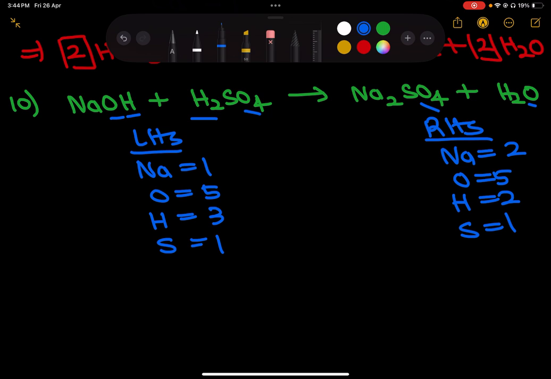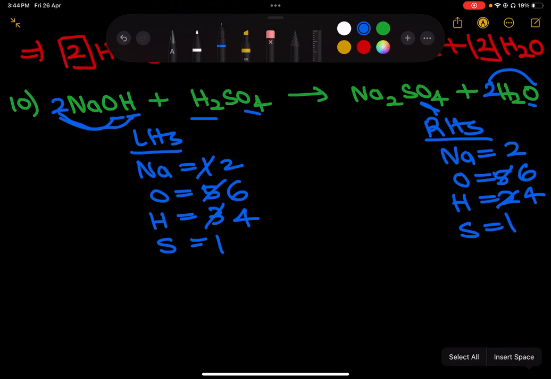Okay, so here Na is not balanced, so balance it out. This becomes 2. So 2 oxygens plus 4, that's 6 oxygens, and 2 hydrogens plus 2, so that's 4 hydrogens. Now to balance oxygens and hydrogens, first of all hydrogens, here we have to put a 2, we'll get 4, and 2 plus 4, this is 6, so we get 2, 6, 4, 1, 2, 6, 4, 1 balanced.